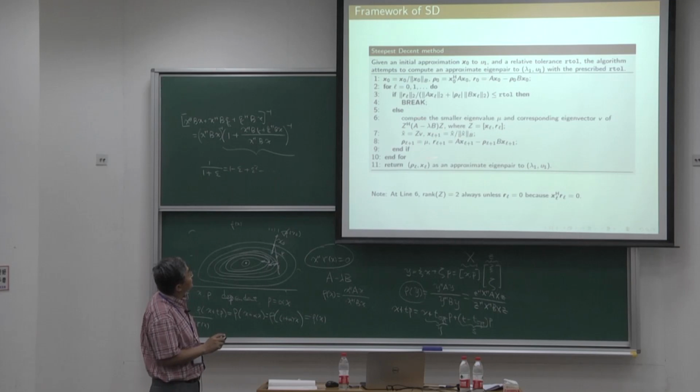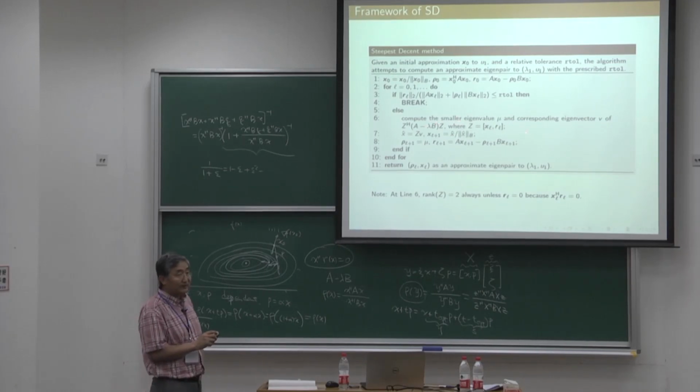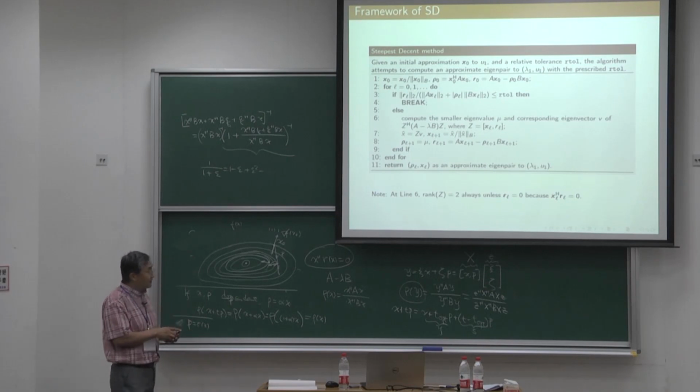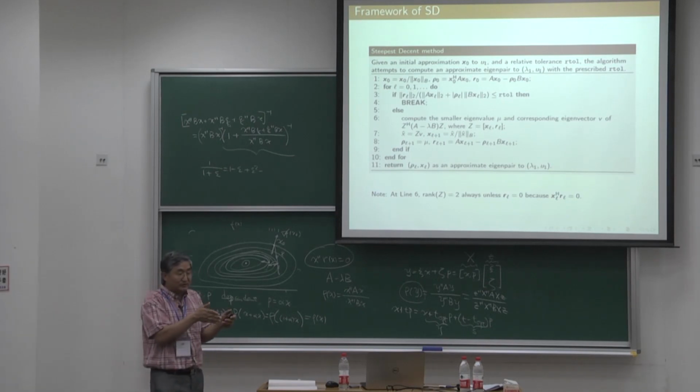Then you do the iteration. If the stopping criteria is satisfied, you stop. Otherwise, you keep doing that. Every step, there's a 2x2 eigenvalue problem you have to solve. As I mentioned moments ago, if x and p, the search direction, are linearly dependent, you won't get anything.